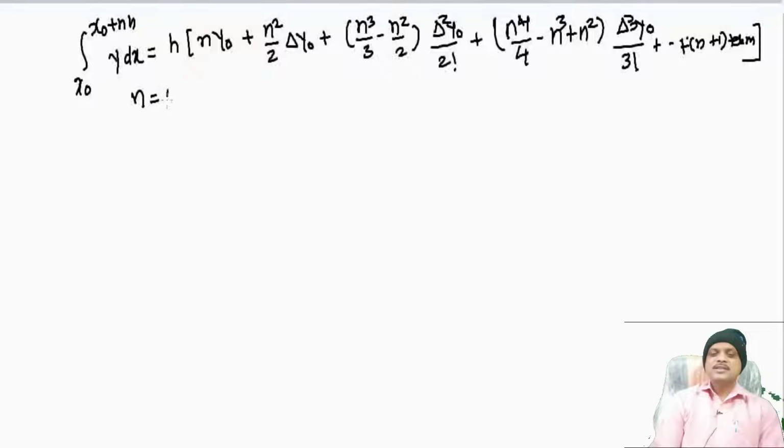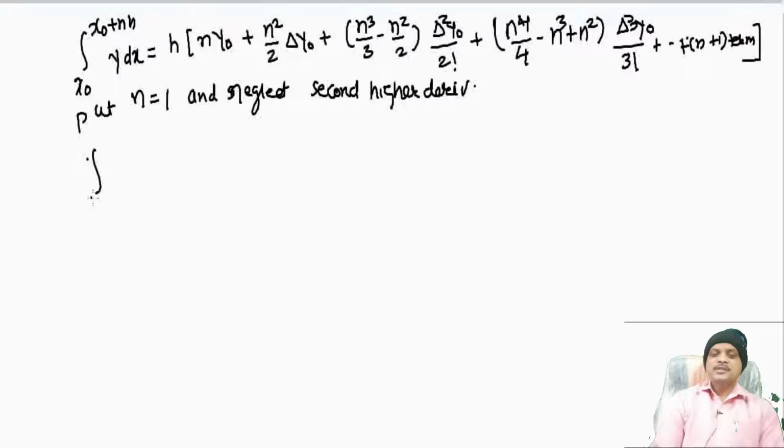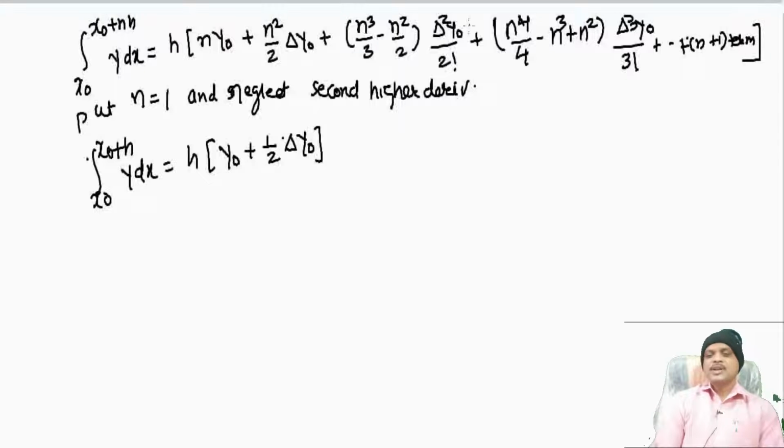Now, in this general quadrature formula we put n equal to 1 and neglect the second and all higher differences. So here we substitute: integration from x0 to x0 plus h of y dx equals h into [y0 plus 1 divided by 2 into delta y0], neglecting all other terms.